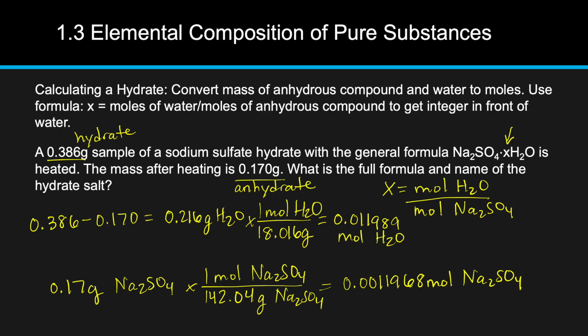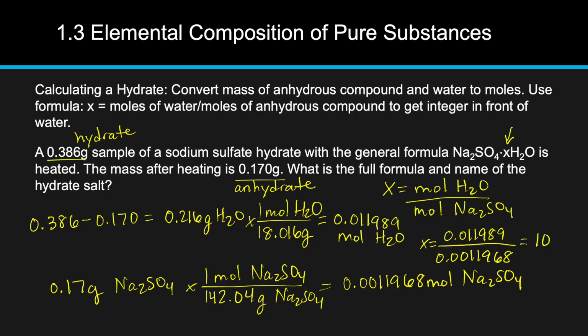So now finally, we can solve for that integer of X. We're going to put our moles of water on top, 0.011989, over our moles of sodium sulfate, which is 0.0011968. And that's going to give us 10. So our integer is 10.